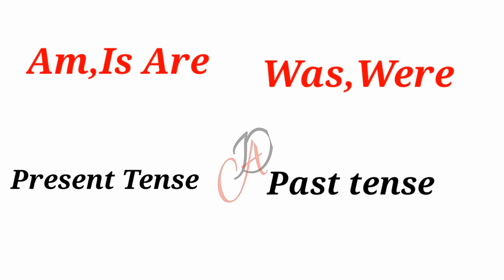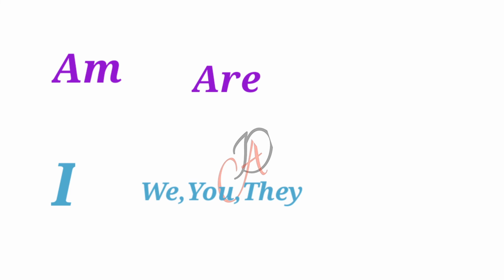Before knowing the examples of the be forms, let's understand their usage in detail. Am is always used in present tense with first person I, whereas are is always used in present tense with we, you, and they. And is is always used with he, she, it in the present tense.